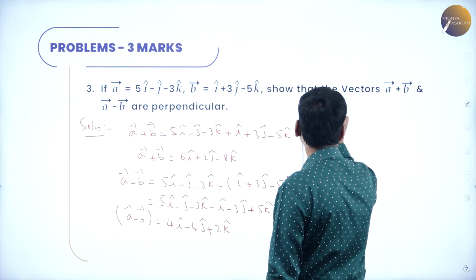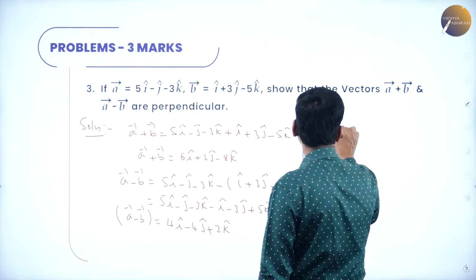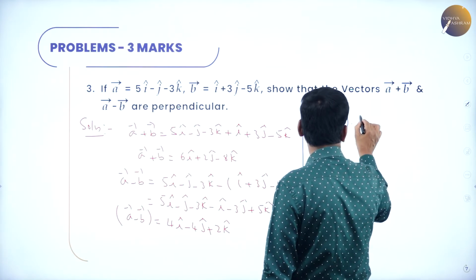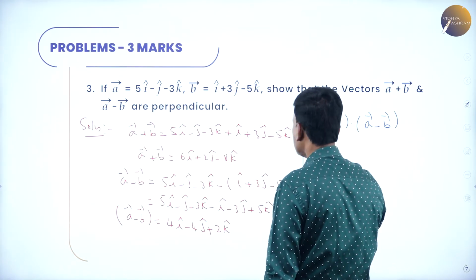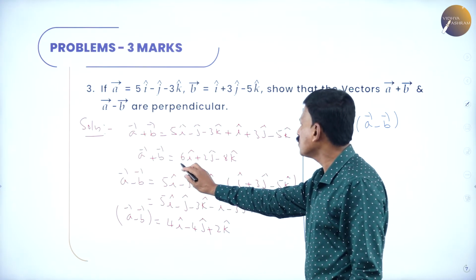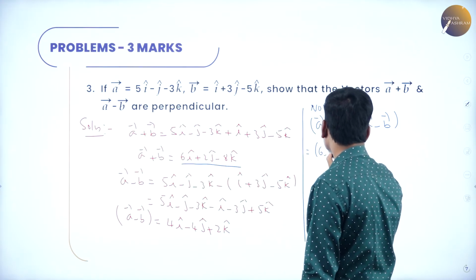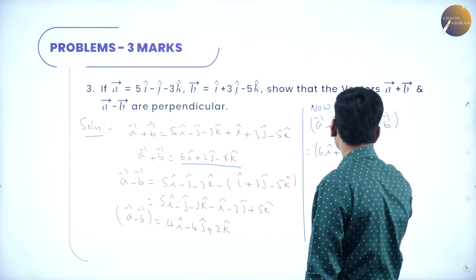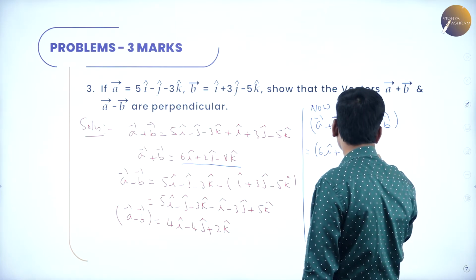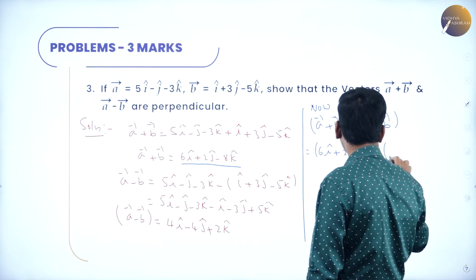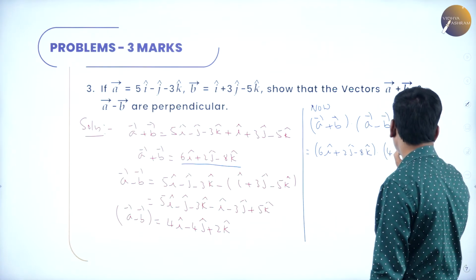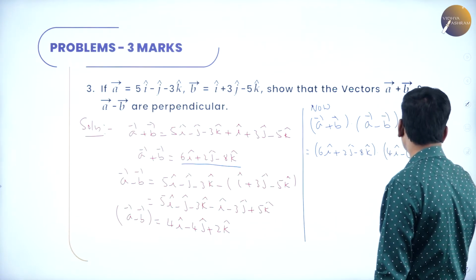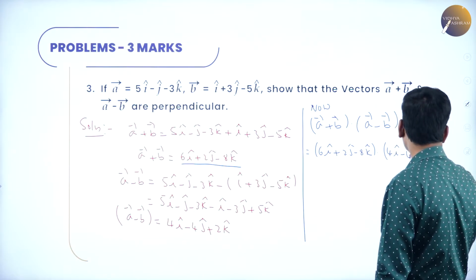Now, find out the value of A plus B dot A minus B. What is A plus B? A plus B is equal to 6i plus 2j minus 8k, dot A minus B, which is 4i minus 4j plus 2k.